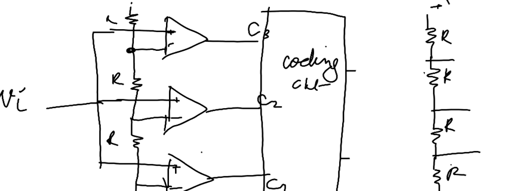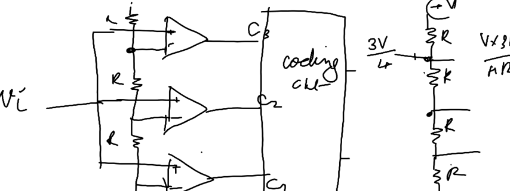Then what is the voltage at this point? Across these three resistances, the voltage is 3R divided by the total resistance 4R, the R's cancel, so this voltage is 3V by 4.